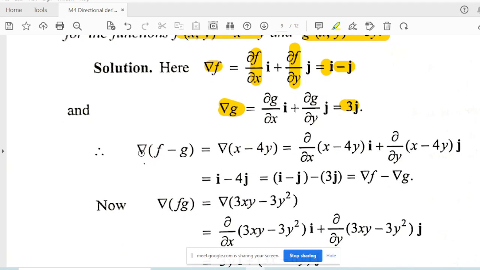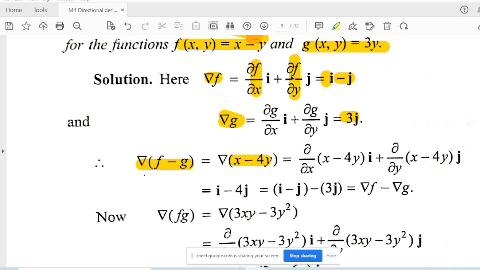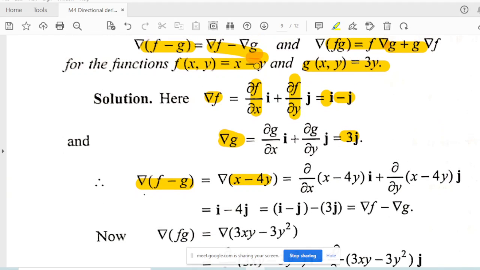Now we will find del of f minus g. For del of f minus g, first find f minus g, and then take del. So f minus g is x minus 4y. Let us see: f minus g is x minus y minus 3y, so x minus y minus 3y, that is x minus 4y. To find its gradient, first we differentiate with respect to x: dou by dou x of x minus 4y i cap plus dou by dou y of x minus 4y j cap. When partially differentiating with respect to x, we get 1.